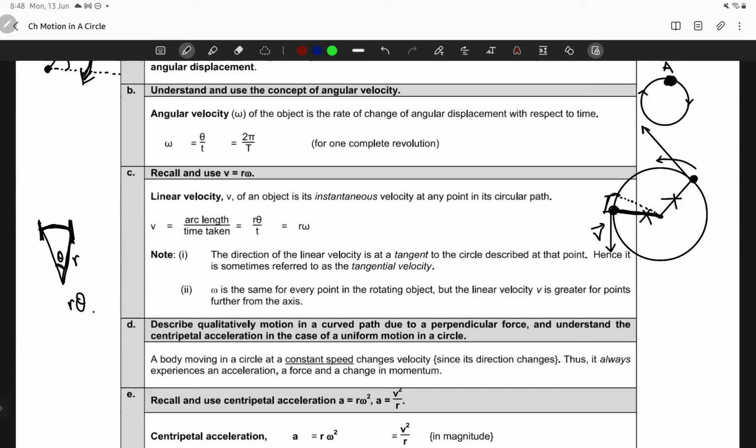The time it takes for this particle to move from here to here, where you just cut the string off, is the time taken, and the length of this path was the arc length of this circle, which is r theta. So that gives you r theta over t, which is basically r times omega, because theta over t was defined as omega, the angular velocity.